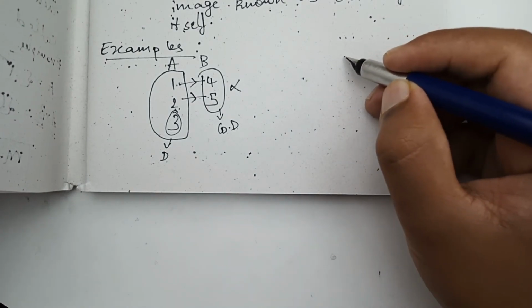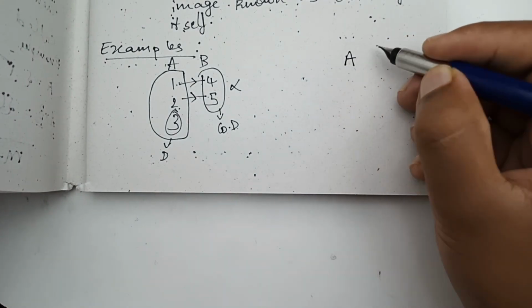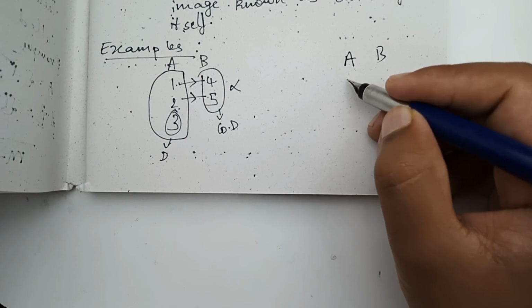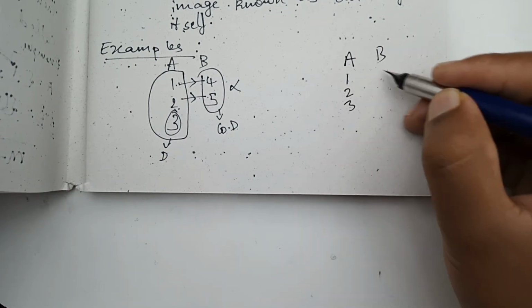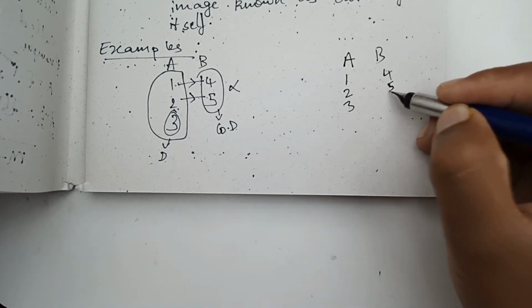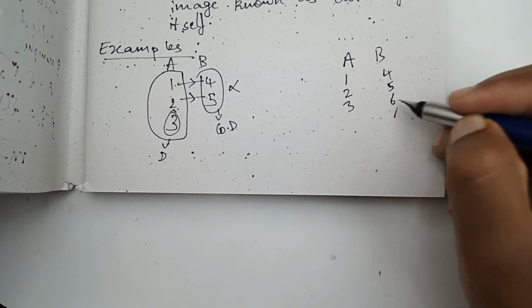We'll see second one. A, B, 1 2 3 4 5 6 7.